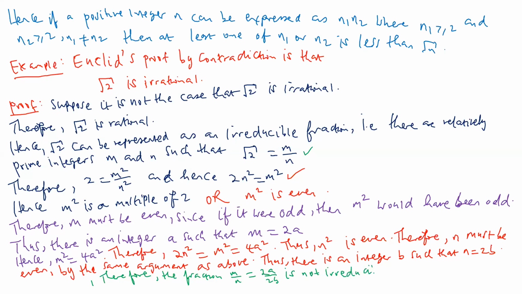I'm going to look at the assumption we made about irreducibility versus reducibility. In other words, this fraction has common factors in both the numerator and denominator, which contradicts our assumption.